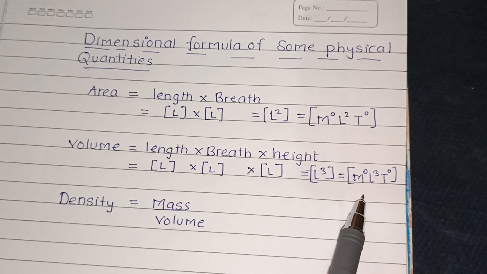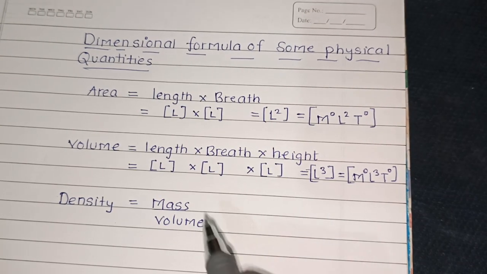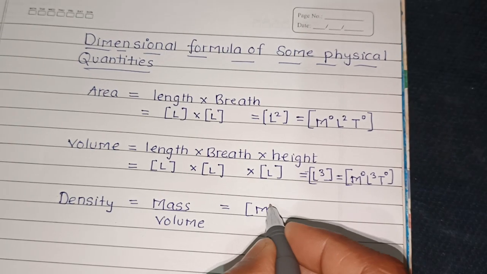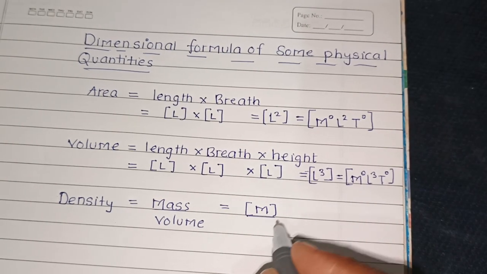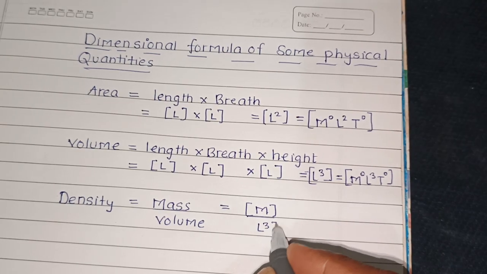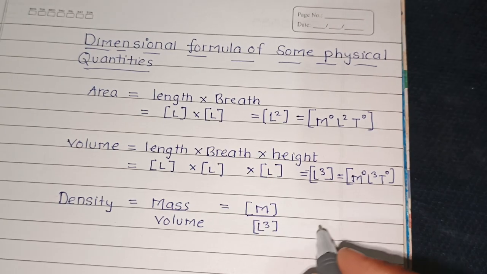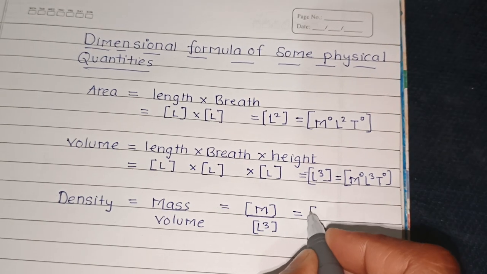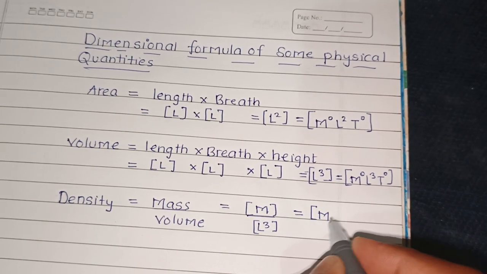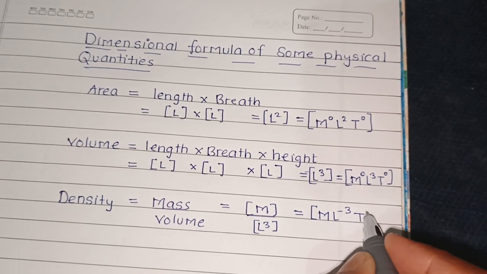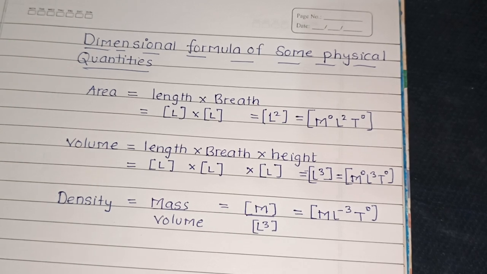The dimension of volume is L cube, so we can write M upon L cube. So that is M L to the power minus 3 T to the power 0. This is the dimension of density.